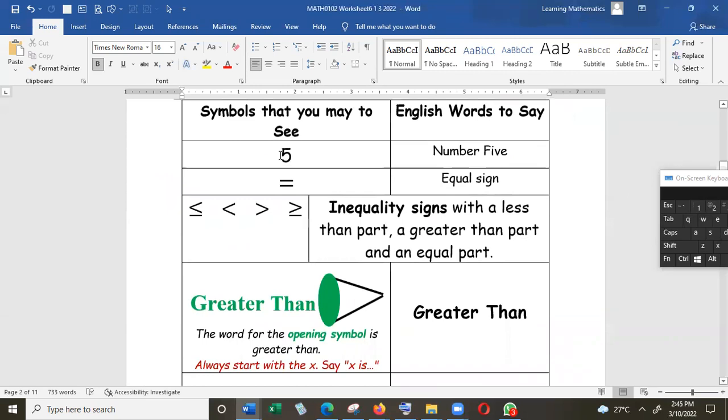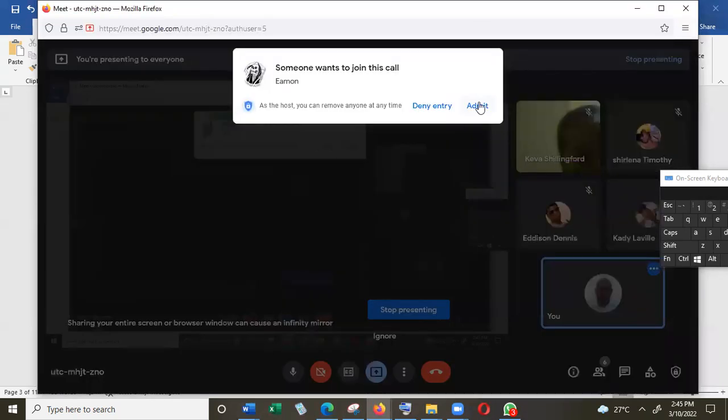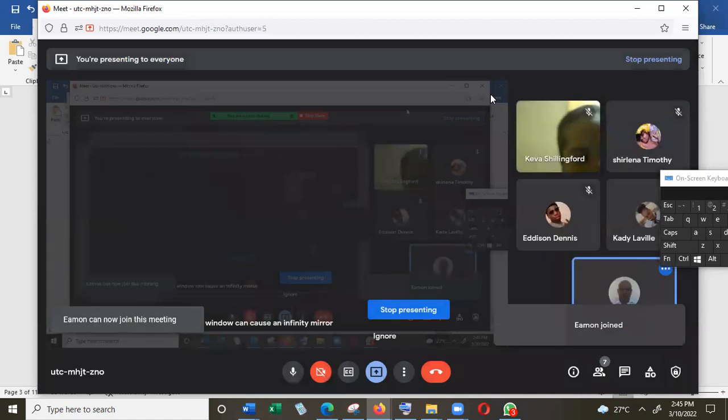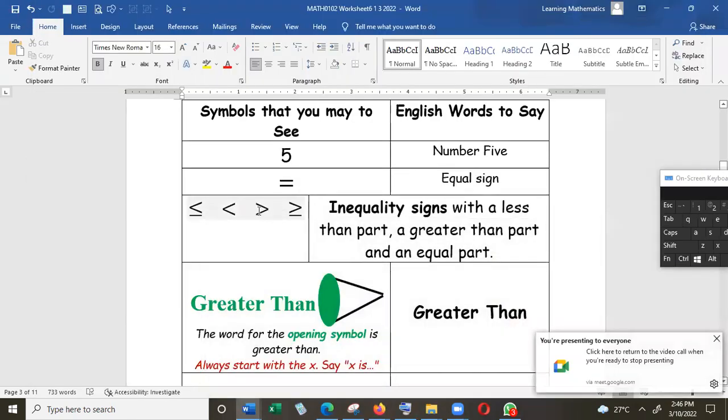Now, symbols that you may see, for example, you may see the symbol and you may say number 5. You may see the symbol and you'll say the equal sign, okay? Now you will see these 4 symbols.